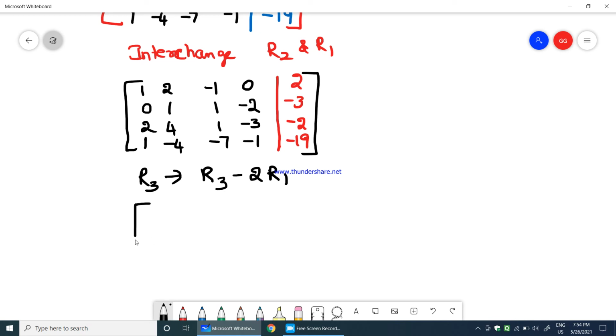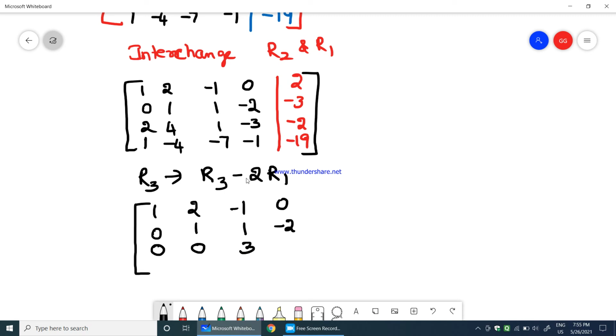So what will I get? I'll get 1 2 minus 1 0, 0 1 1 minus 2. Here 2 minus 2 into 1, 2 minus 2, so 0. It is 4 minus 2 into 2, which is 4 minus 4, again 0. Then 1 minus of minus, so 1 plus 2, which is 3.